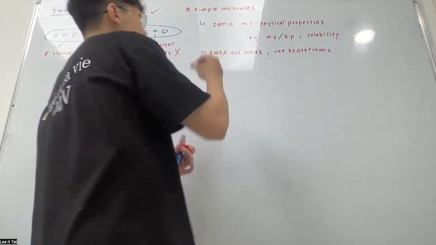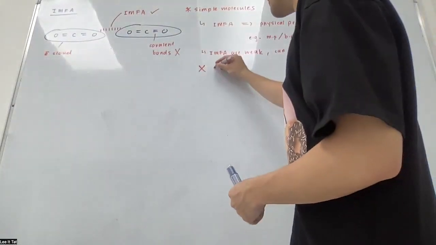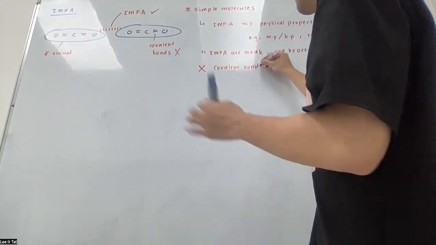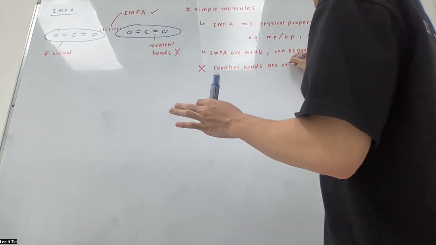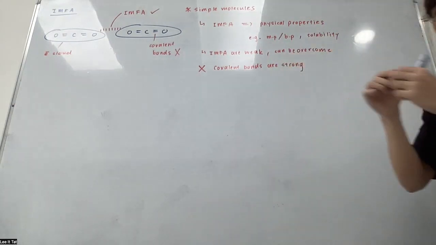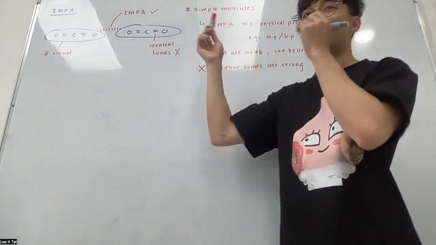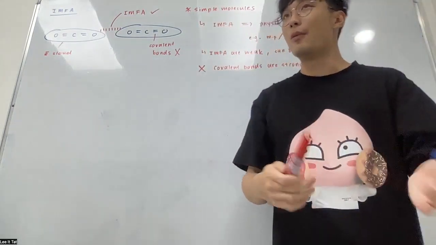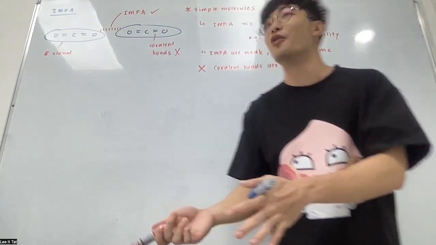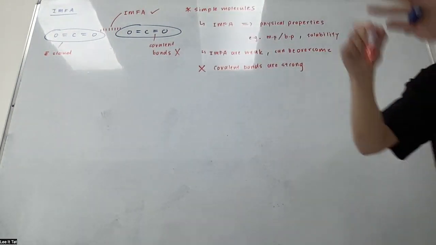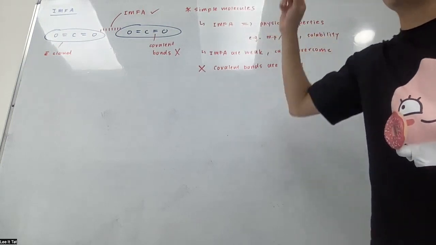What we are not concerned with are covalent bonds, because covalent bonds are indeed very strong. I feel that a lot of people have this misconception. When they see simple molecules, they think that the covalent bonds are weak. Then when they see giant molecules, the covalent bonds are strong. No, that's wrong. Covalent bonds in general, doesn't matter what structure, are always very strong.